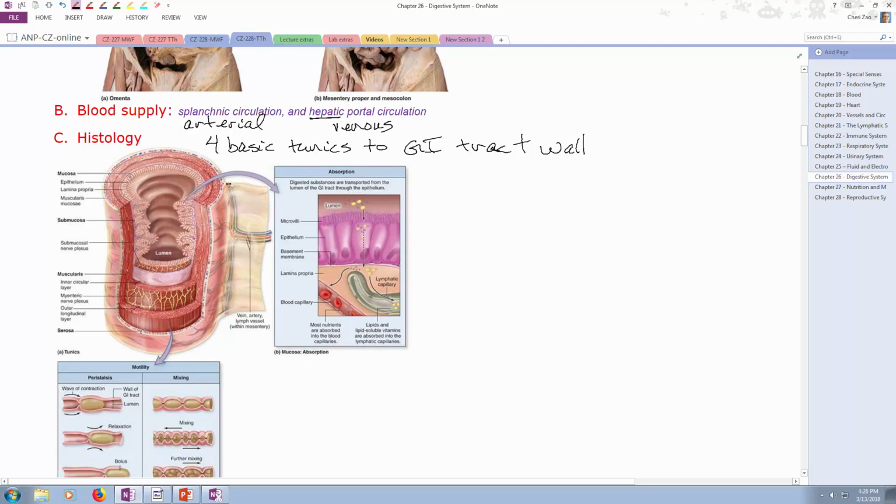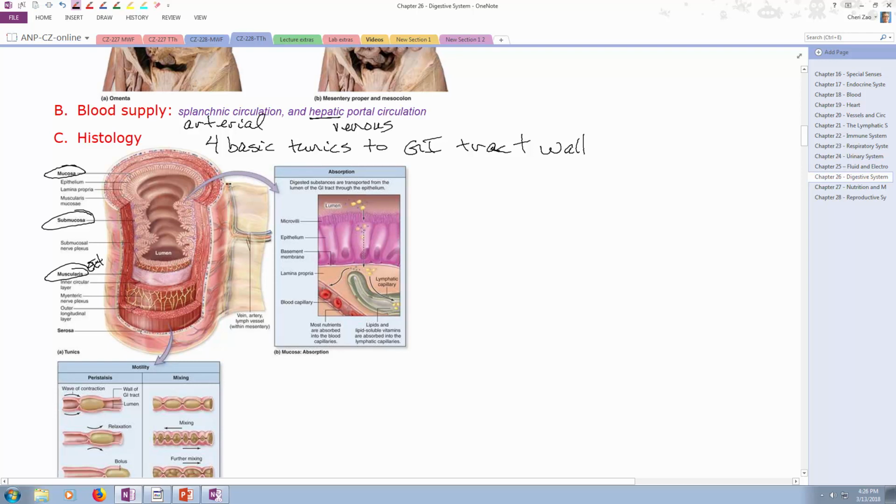We will find variations in their construction based upon where we are in the digestive tract, because things will differ. We will have mucosa, submucosa, and muscularis externa.